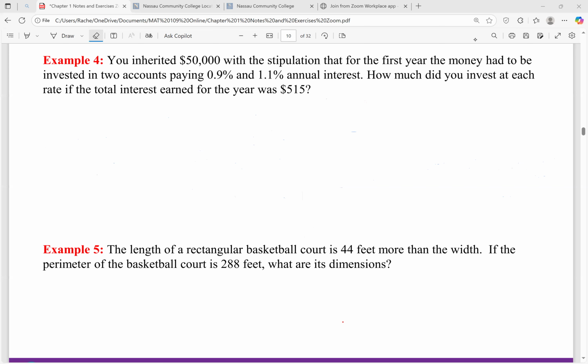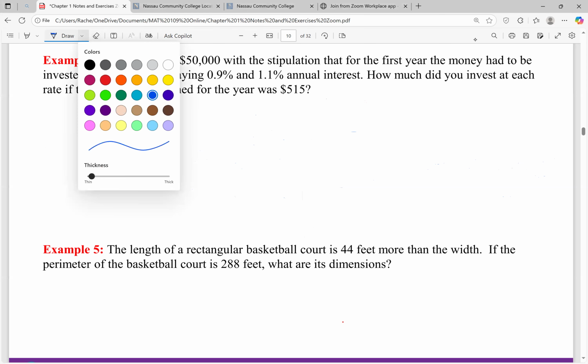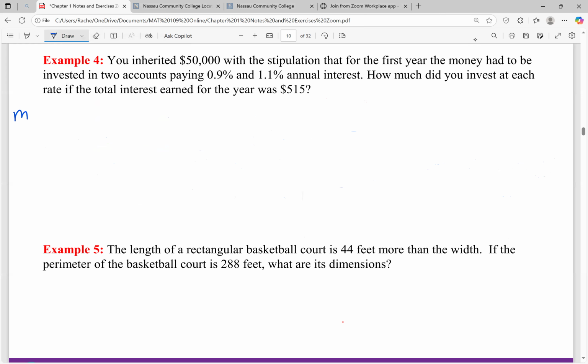So let's just call it amount. Let's say amount invested at the 0.9% rate.